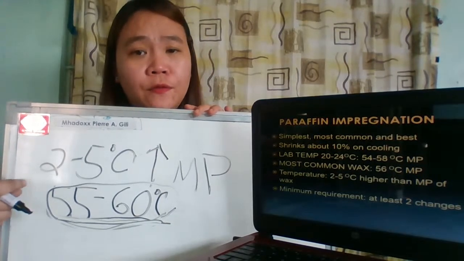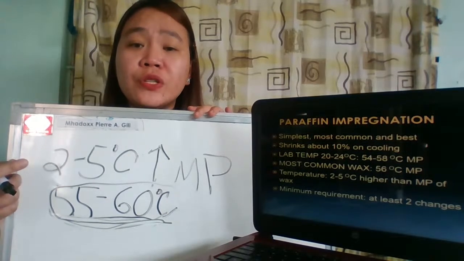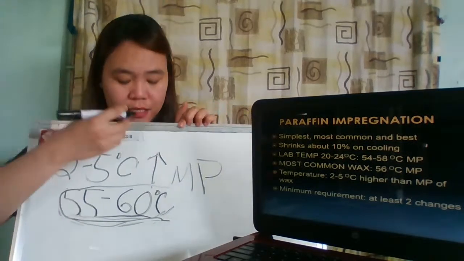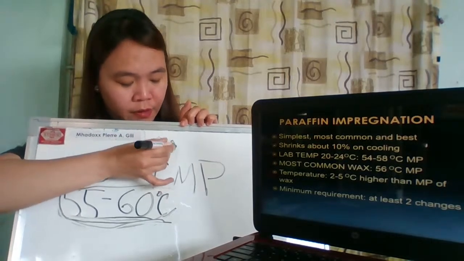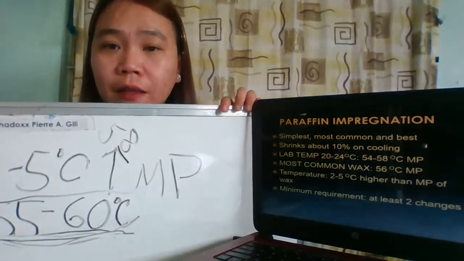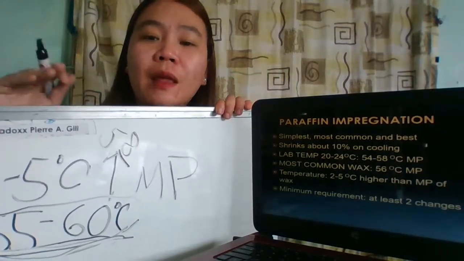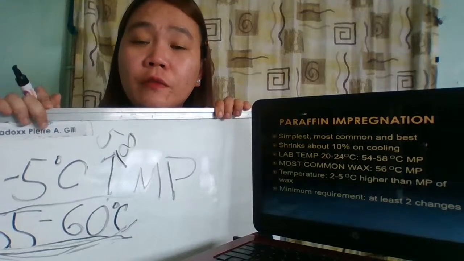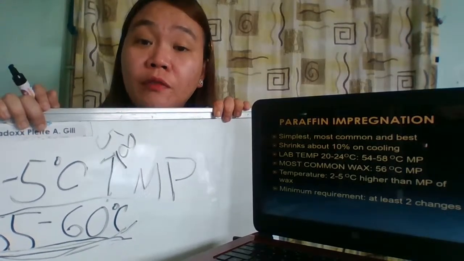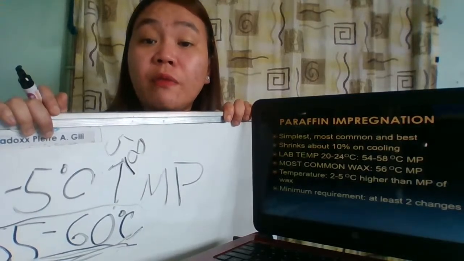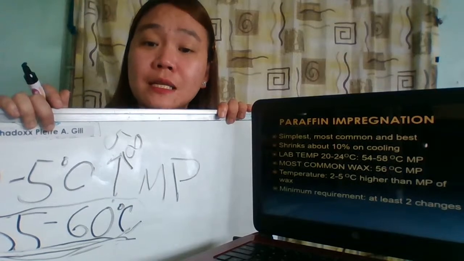Because what if the melting point of the wax that you use in the laboratory is 58? Nakikita nyo ba? Kung hindi nyo nakikita, isulat nyo na lang, okay? So 58 plus 2, that's 60.